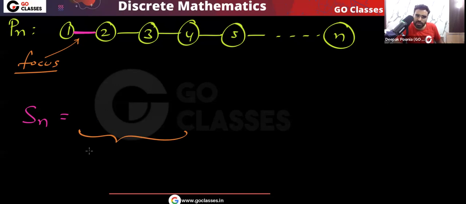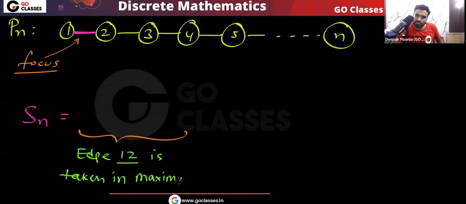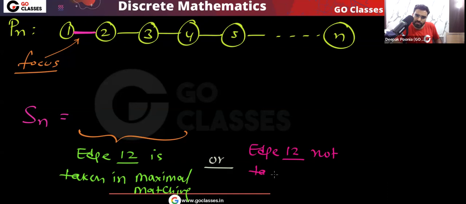Only two cases are possible: either this edge 1 2 is taken in the maximal matching, or this edge 1 2 is not taken in the maximal matching. Only these two cases are possible. Do you agree with me? Either you will take this edge in the maximal matching or you will not take it. Only these two cases are there.